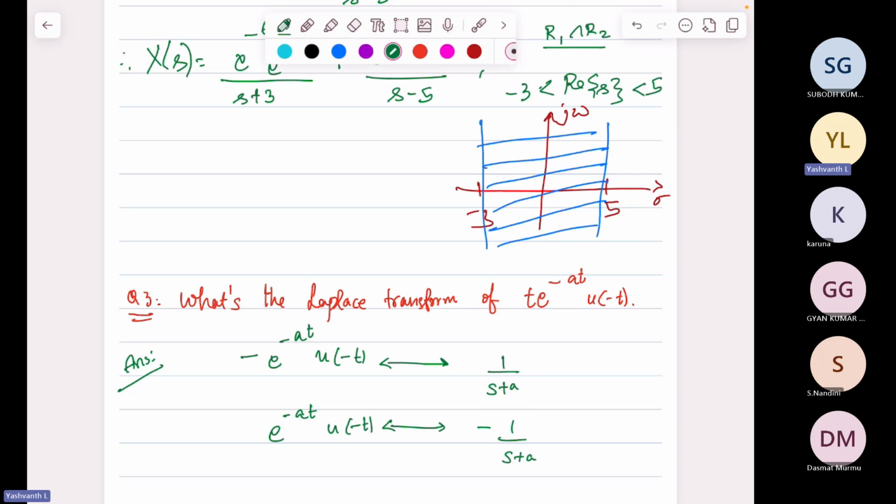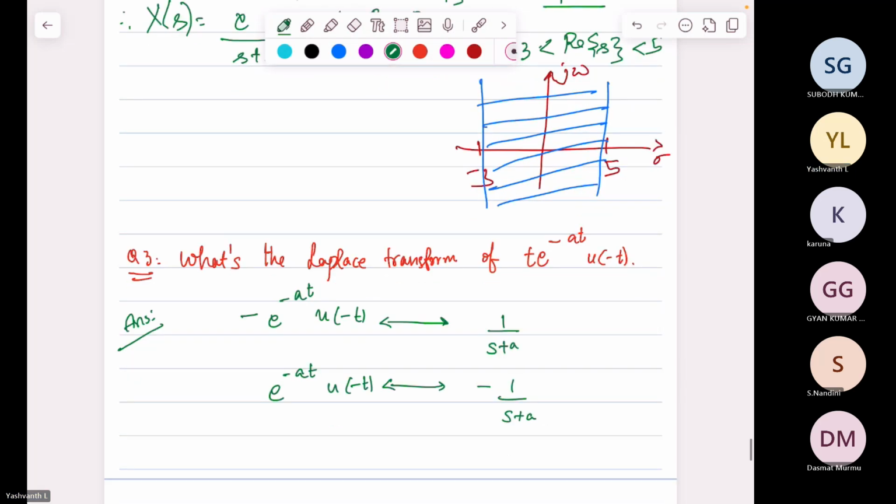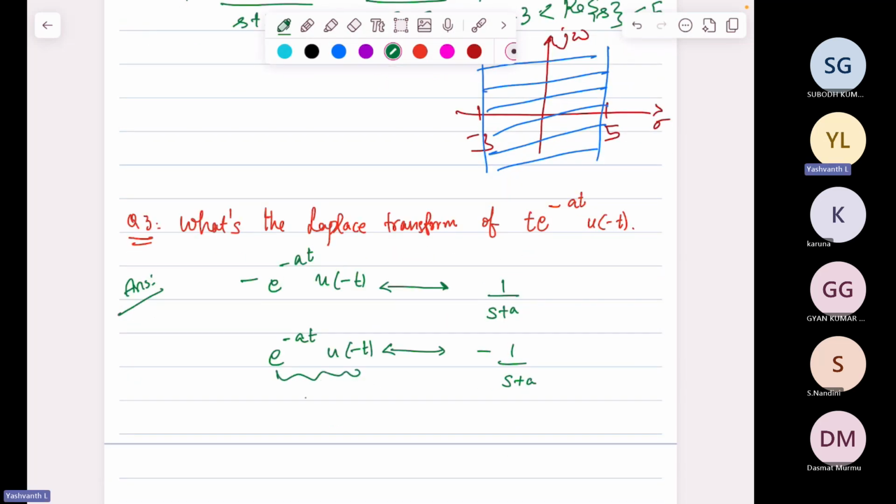I can just multiply minus 1 on both sides. So let's say this is your x of t. Therefore, t into x of t will have the Laplace transform, what? Minus d by ds of X of s.